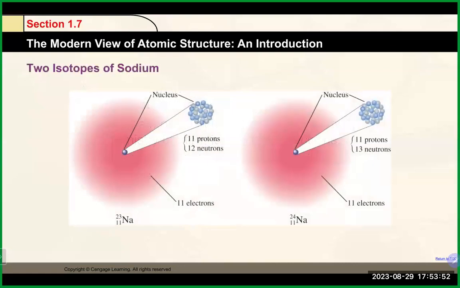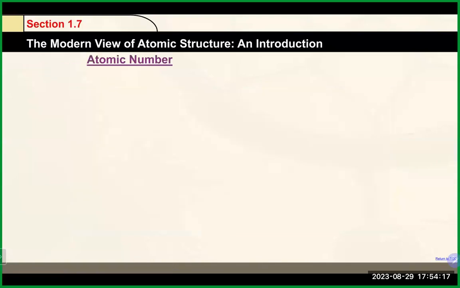In nature, most elements have some naturally occurring isotopes. These are two isotopes of sodium, sodium-23 and sodium-24. The difference here is they both have 11 protons, and one has 12 neutrons and one has 13 neutrons. So they are what are referred to as isotopes of each other.